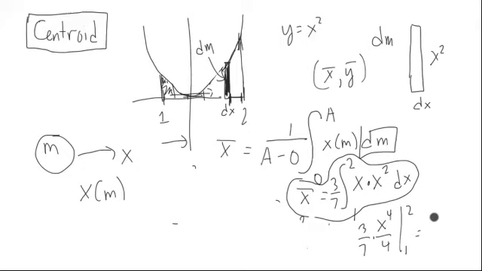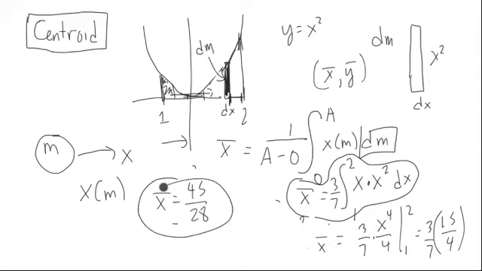Let's see. Okay, yeah, sorry. So 4 minus a 4th, which would be 15/4 is what I meant to say. So 15/4 times 3/7. So we're going to get 45 over 28. So x bar will be 45 over 28.